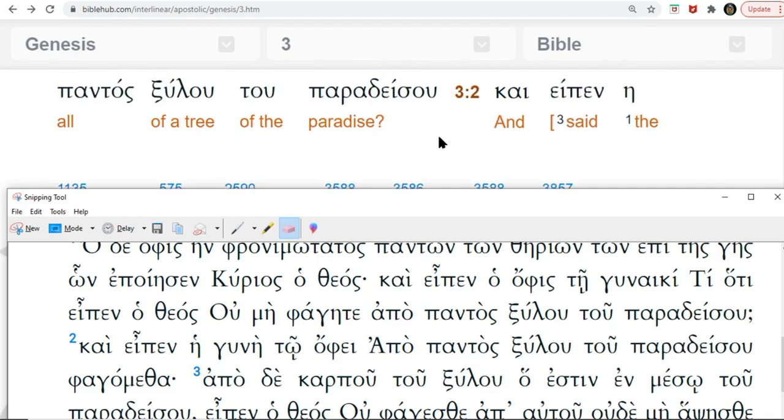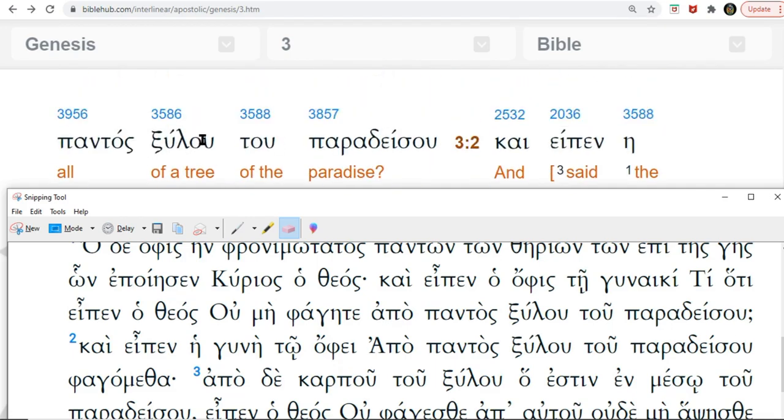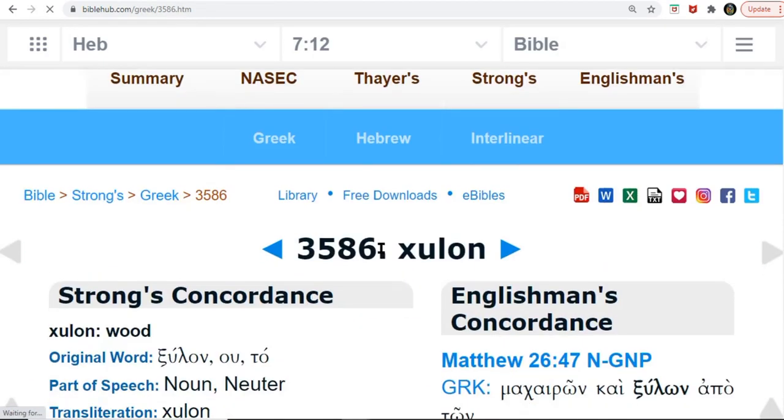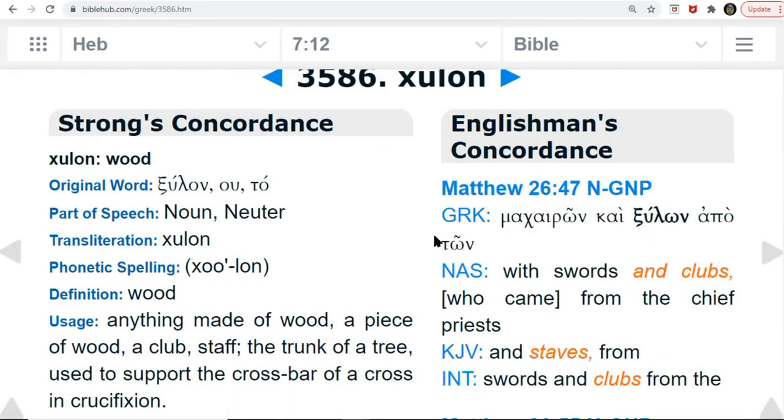Zulon. And this Zulon, they say, is the tree. Or Zulu. And it's actually, the Zulon is the upright, and the Zulu is the cross. It's where your word sil comes from. The Zulon is the one upright, and the Zulu is the one that goes across it. And it very seldom means tree anywhere.